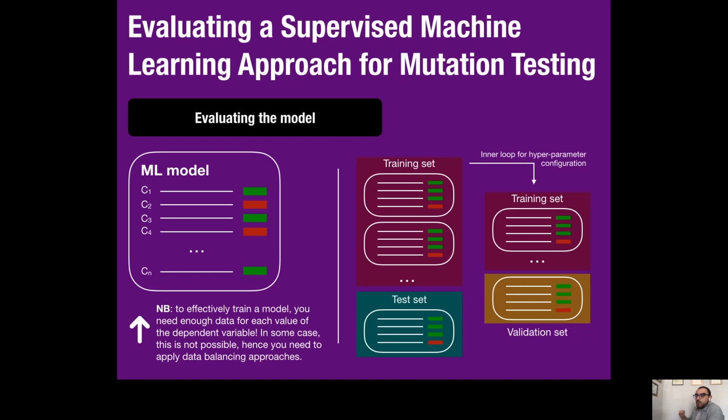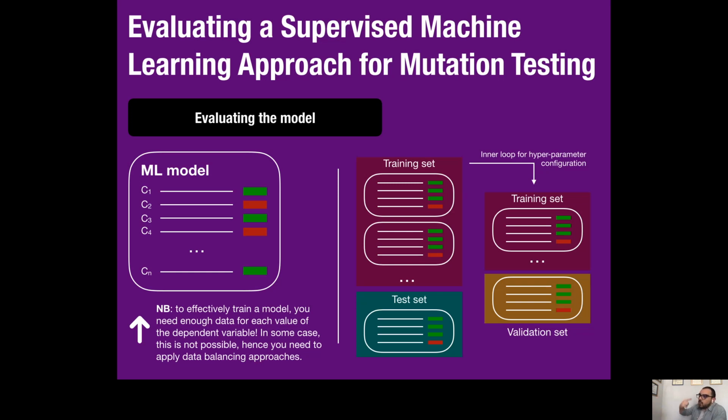in 8 and 1. What does it mean? It means that you have 8 folds that are used to train the classifier, and one of them is used to validate the different configurations that you apply on the training set.